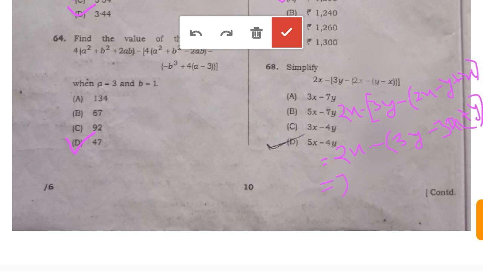Okay, now 2x minus 3x, and minus 3y plus y, so minus 2y... this is equal to twice x plus 3y, so 5x minus 4y. So option D is the correct answer, 5x minus y.